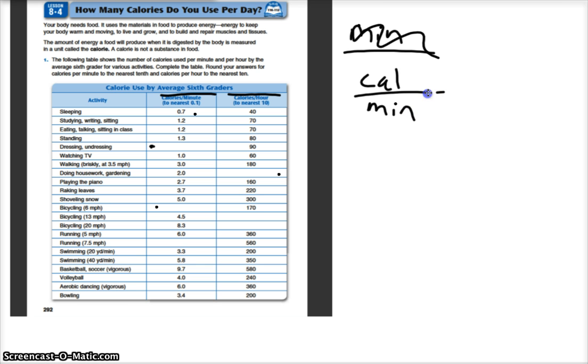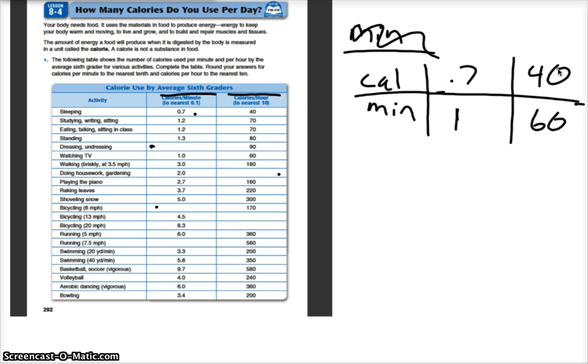All right, and so if we continue this, we know that you burned 0.7 calories in 1 minute. However, how many minutes are in 1 hour? 1 hour would be 60 minutes, so we have to convert hours to minutes, and then we would get 40. So essentially, what we did is, remember your cross multiplication, and that's how you'll find your answer.